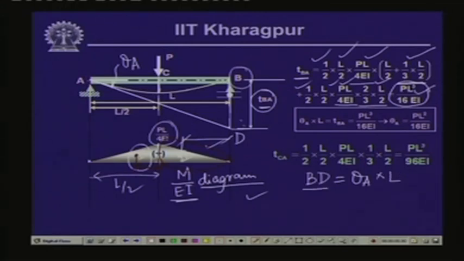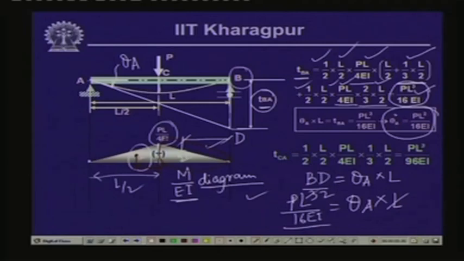BD, which is TBA, as we have seen, is PL cube by 16 EI, and this equals theta A multiplied by length L. So, theta A is nothing but PL square by 16 EI, and this is what is indicated over here. The value of theta A is PL square by 16 EI, and we have seen this earlier using the differential equation of the elastic curve.